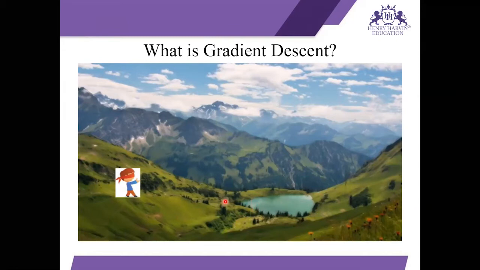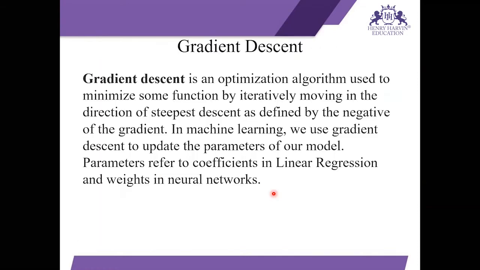If he keeps a larger step, he may go over here, right? It is just an imagination, right? Now, in case we keep smaller steps, what can we expect? It may take a longer time to reach this lake, right? So this is a simple example to illustrate gradient descent.